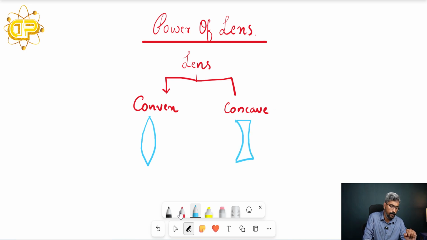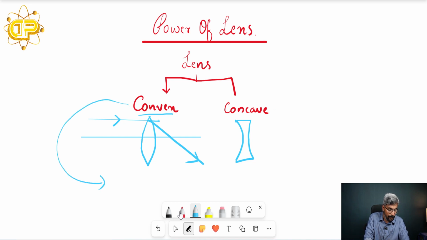For a convex lens you can see the middle portion is bulged, whereas the edge does not bulge, it is thin. If this is a principal axis and a ray of light is falling on this particular lens, then what happens there? It will converge and go like this.